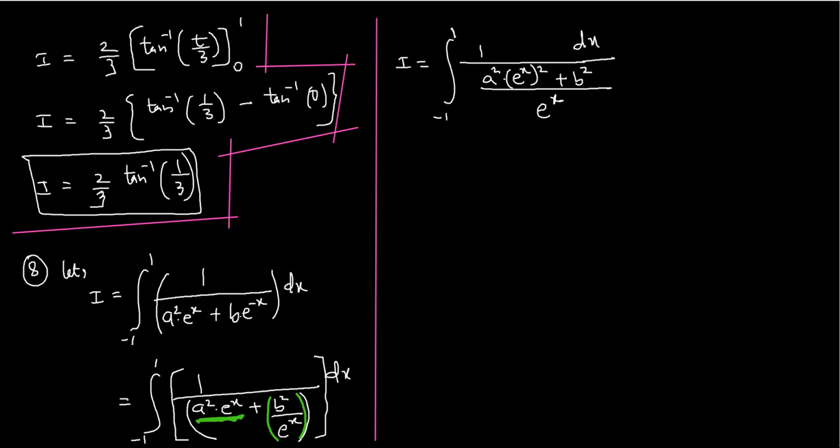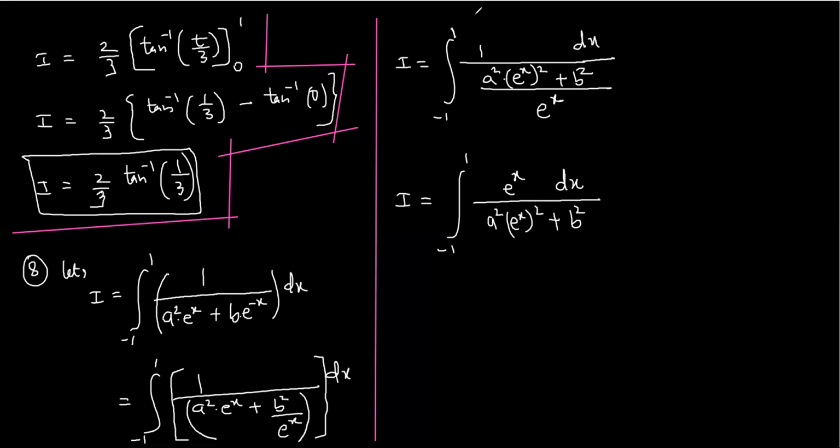Next step, this e raised to x will go up in the numerator. So what you will get is I equals the integral from negative 1 to 1 of e raised to x dx, and here you have a square e raised to x square plus b square.